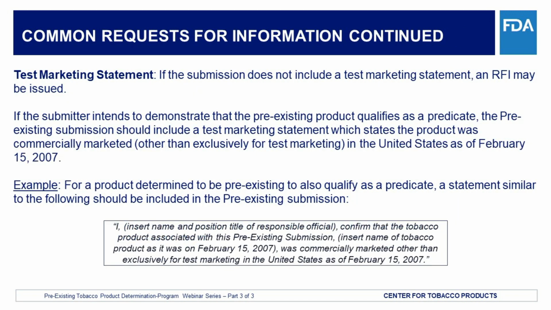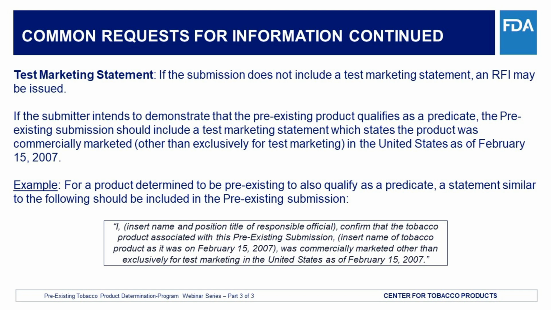In a previous slide, we explained that when submitting a standalone, pre-existing submission, you may submit a test marketing statement, and the statement should be submitted by a responsible official who has the proper knowledge of the test marketing and commercial marketing status of the tobacco product as of February 15, 2007, and has the authority to make such a statement.